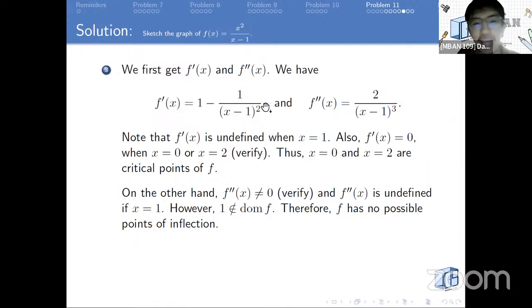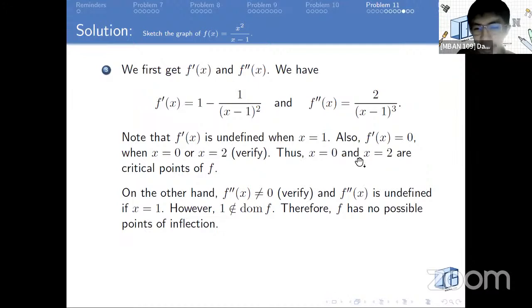Kung gusto niyo kuhanin yung first at second derivative ng f of x, I leave that to you as an exercise. Note that f of x is undefined when x equals 1. Also, f prime of x equals 0 when x equals 0 or x equals 2. Kayo na lang din mag-verify kung bakit.